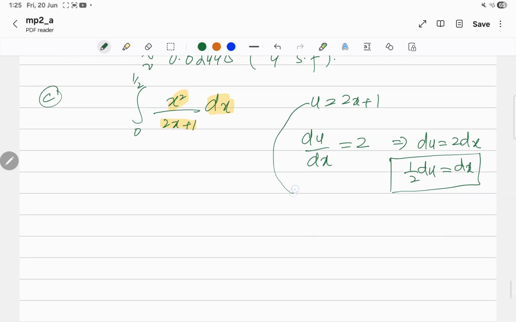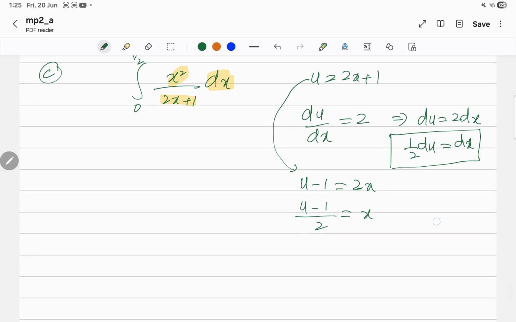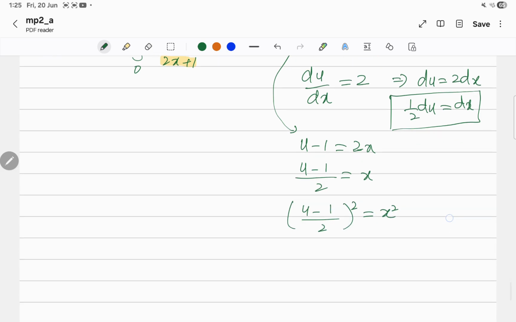Now from here again, since we need the value of x squared, if you make x the subject, it will be u minus 1 equals 2x, and divide by 2 on both sides, it will be u minus 1 over 2 equals x. Since we need the value of x squared, if you square both sides, it will be u minus 1 over 2 whole squared equals x squared.